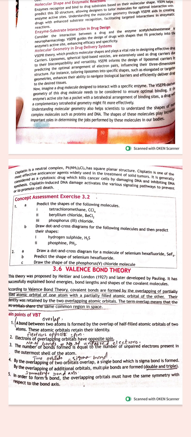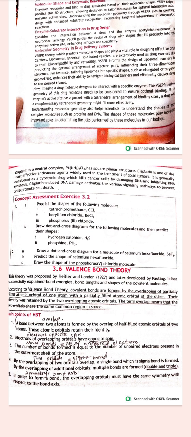So liposomes are basically used as drug carriers. They influence the three-dimensional structure, so they have an elongated or targeted geometry, and they can easily bind to the desired tissues.